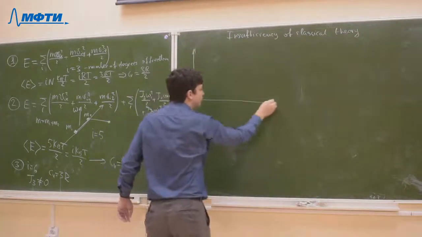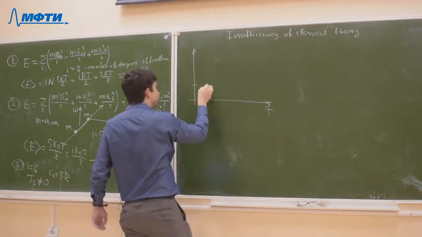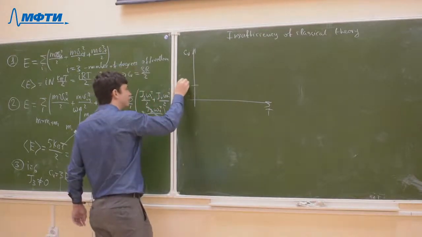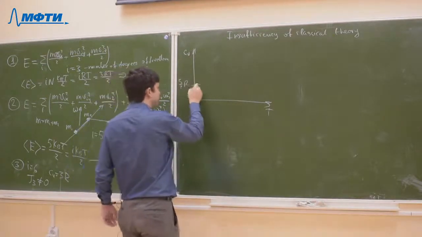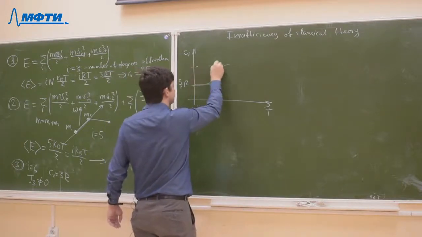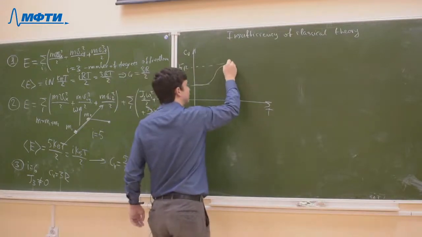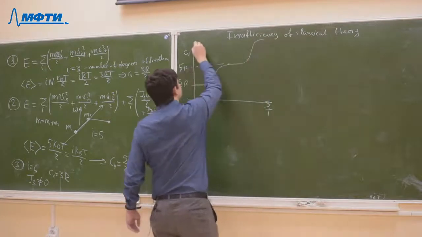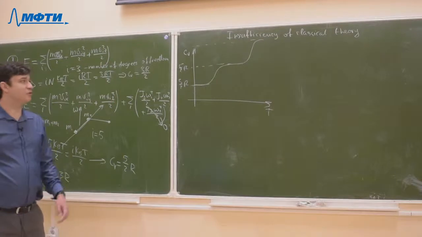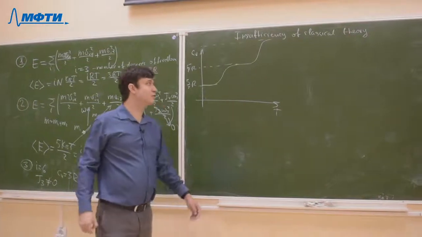For example, for a diatomic gas, molar heat capacity at constant volume may start at 3/2 R, then increase and at some point reach 5/2 R, and then it can increase further. In order to understand the nature of this behavior, we need to consider quantum theory of heat capacity.